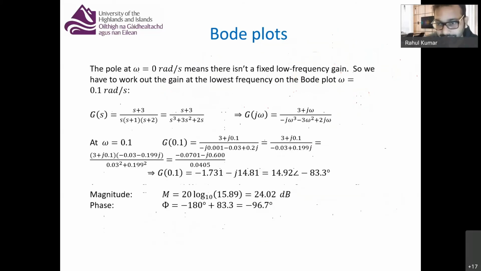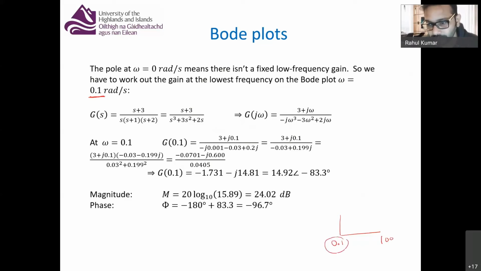As a next step, we find the magnitude and the phase at the lowest frequency. The lowest frequency that we are considering is 0.1 radians per second, because our graph will start from 0.1 and go up to 100 radians per second.